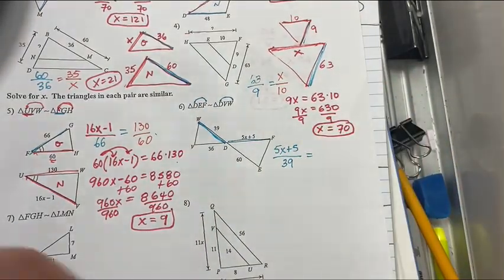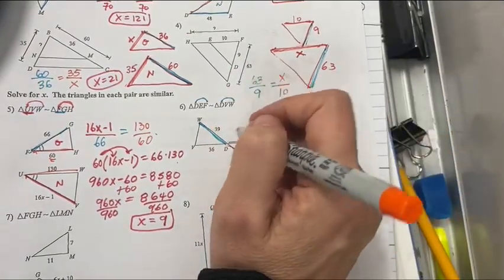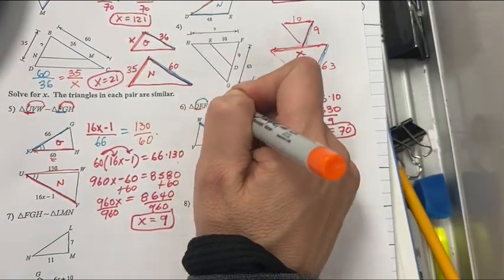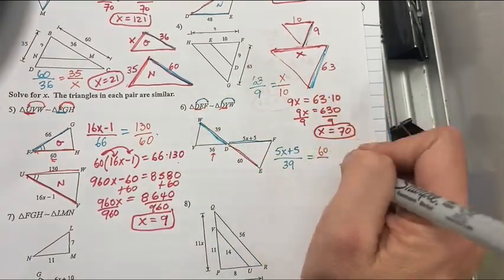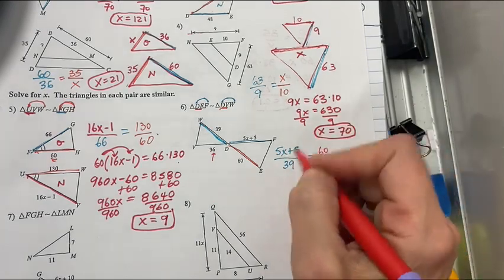Now let's grab another corresponding side. 60 in the new one would correspond to, so D would correspond to DV. 36 in the old one. Let's cross multiply to solve.